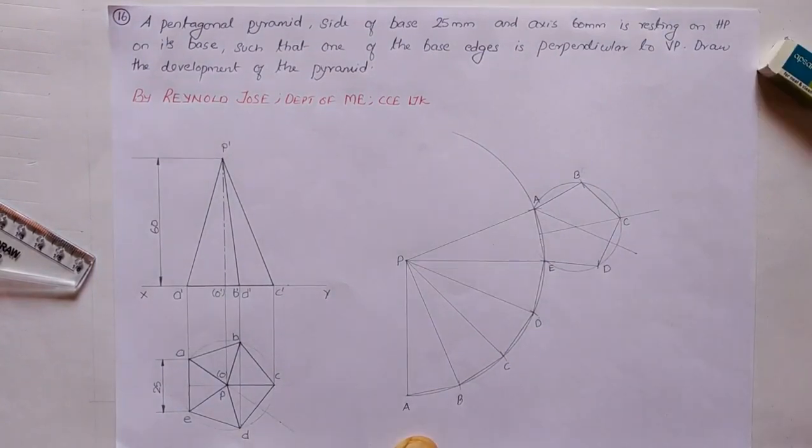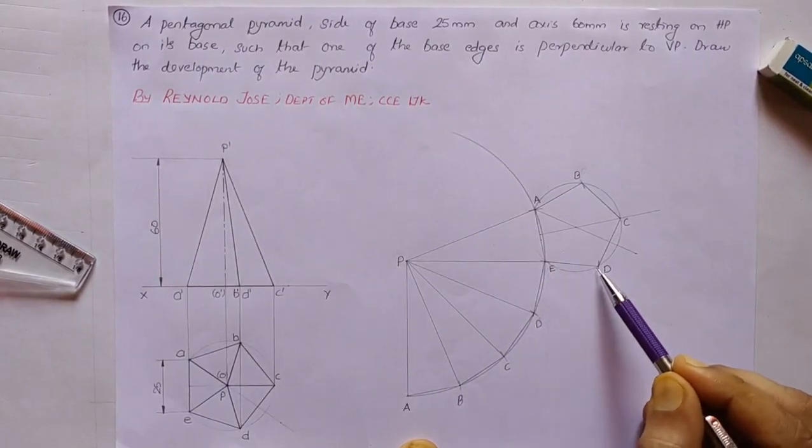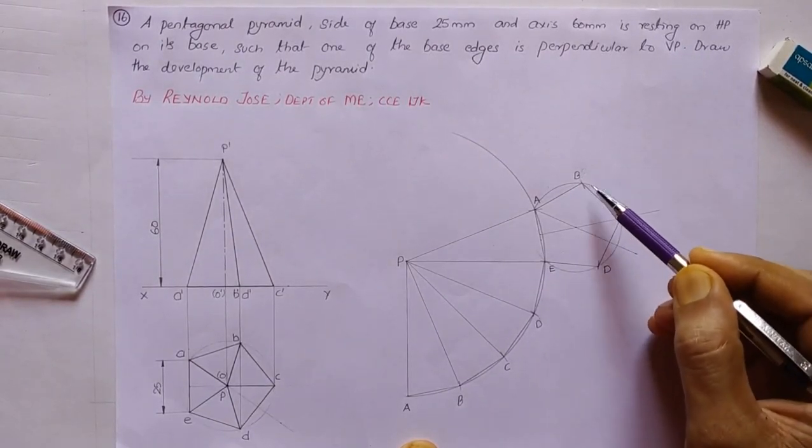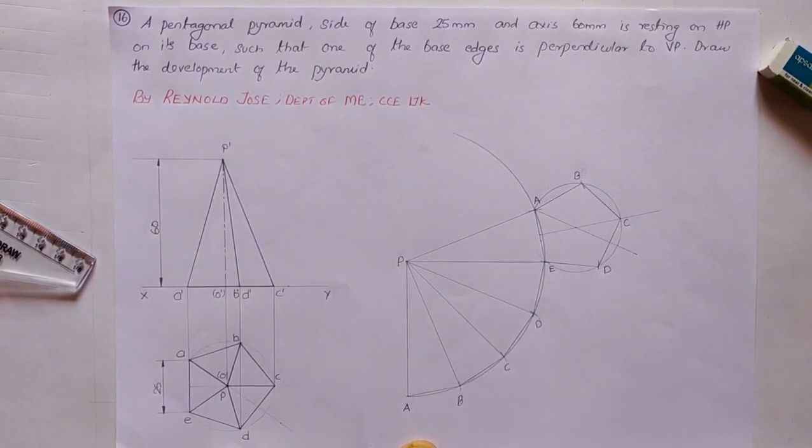Now we shall draw the outline of the development. In this case the outline of the development is as follows: PA, AB, BC, CD, DE, ED, DC, CB, BA and AP. So this forms the outline of the development.